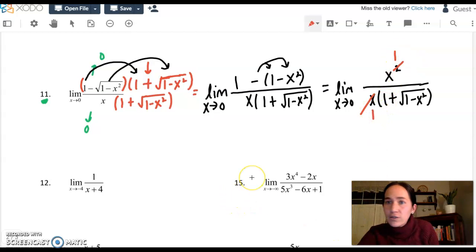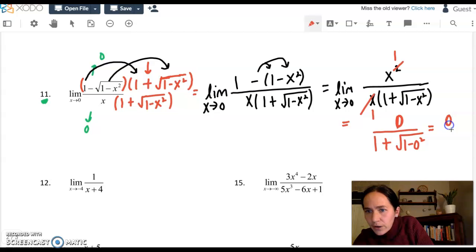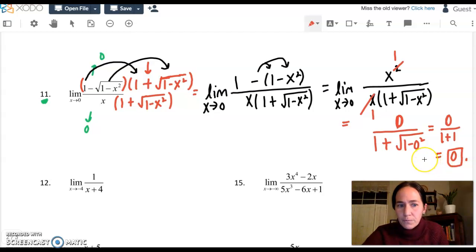That's all you needed. This is our ticket to plug in a 0 now. We have direct substitution: 1 over 1 plus the square root of 1 minus 0 squared. So you'll have, ooh, what did I mix up? The zeros on the bottom. How about the 0 for x up top? This should be 0 over 1 plus 1 when you plug in. So 0 over 2 just gives me an answer of 0 there.